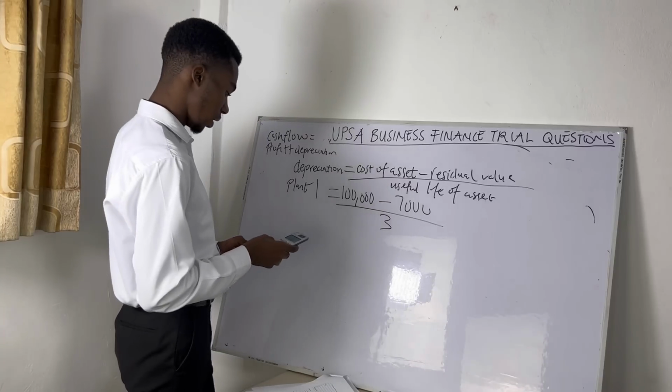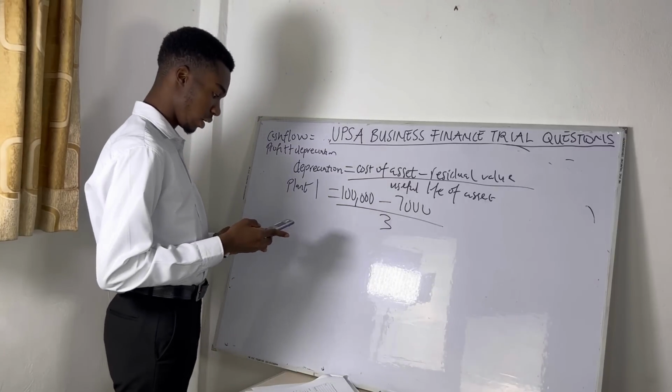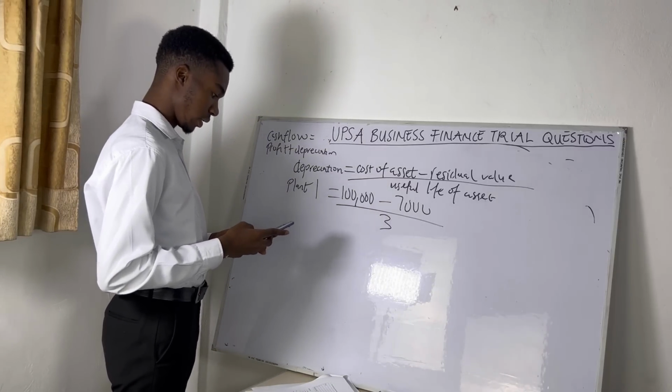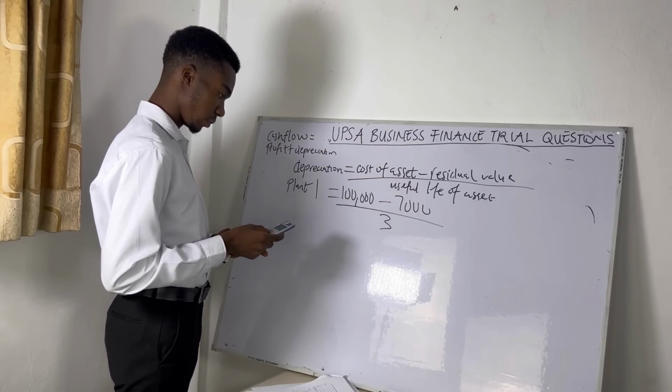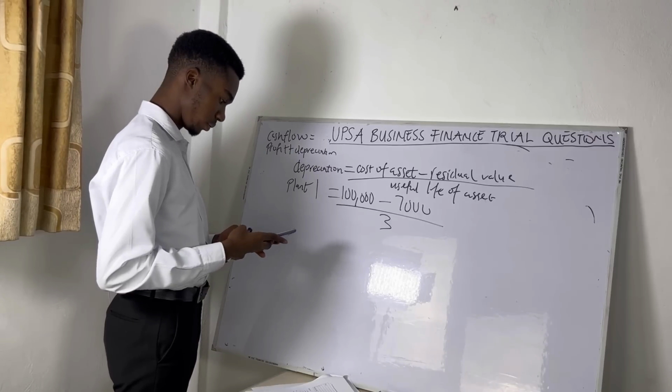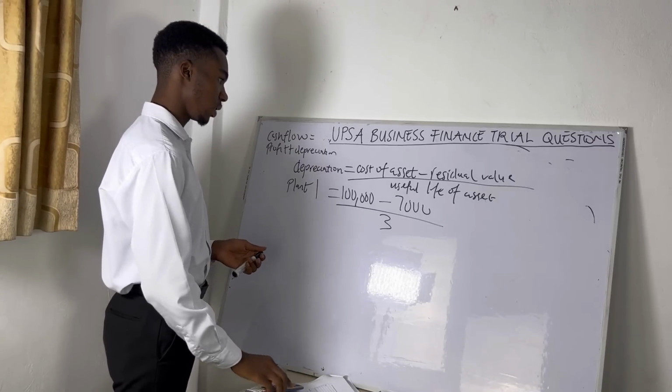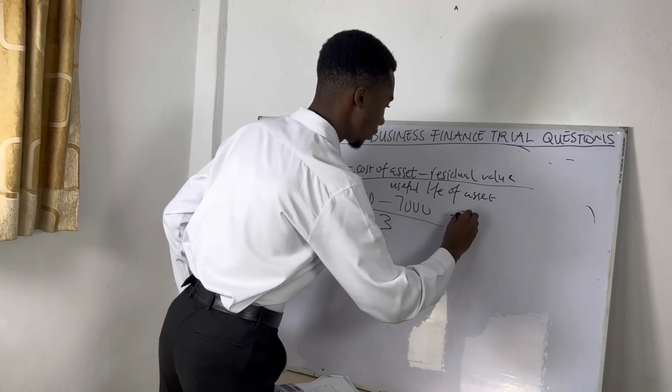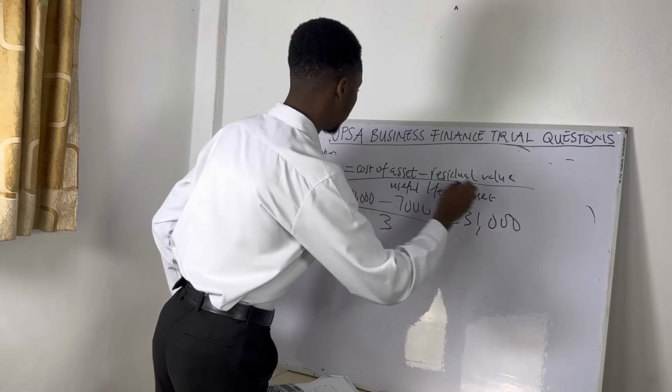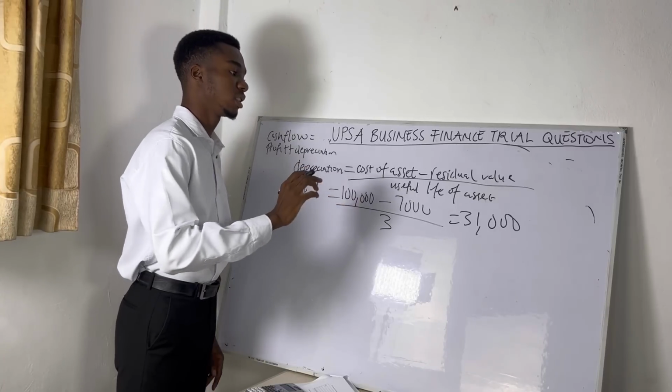Now let's do it on the calculator. 100,000 minus 7,000 over 3. We're getting 31,000.